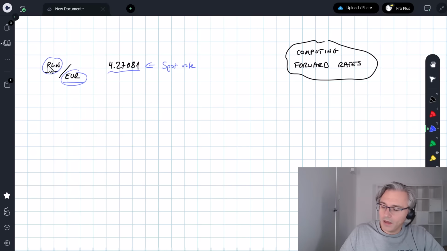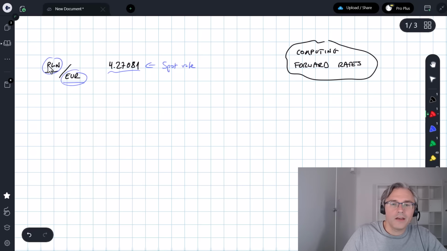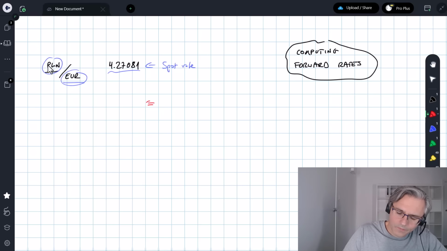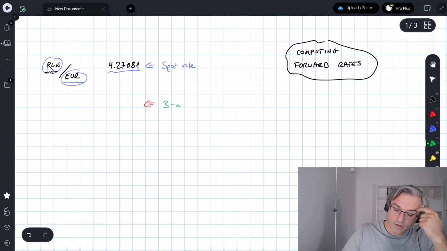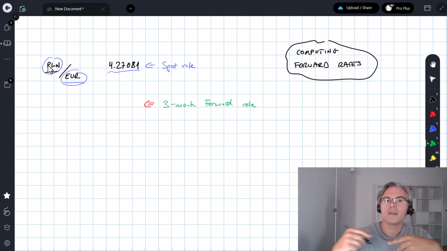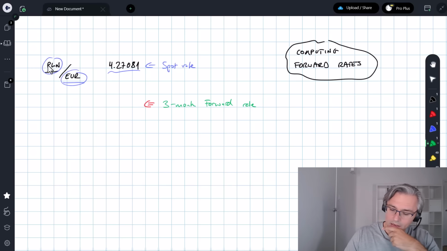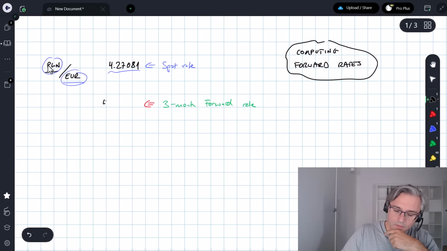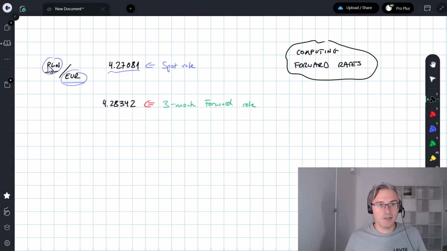Now, what if I told you that we can also see a 3-month forward rate, a rate at which you could lock in an exchange that would take place in 3 months' time, and the dealers quoting it would be showing something like 4.28342. I just made that up. It's very hypothetical.